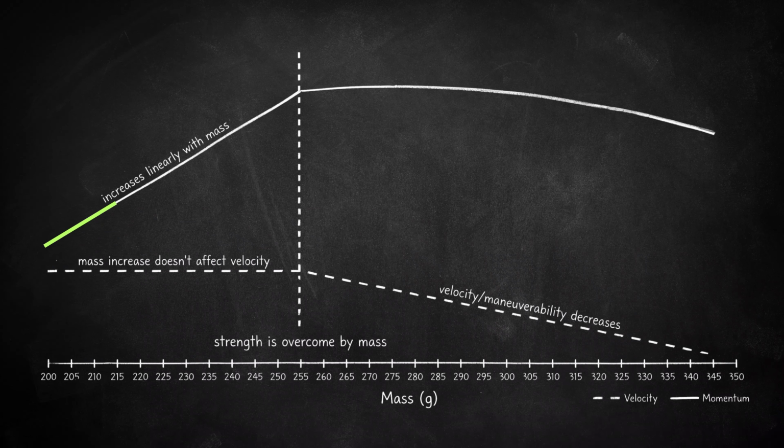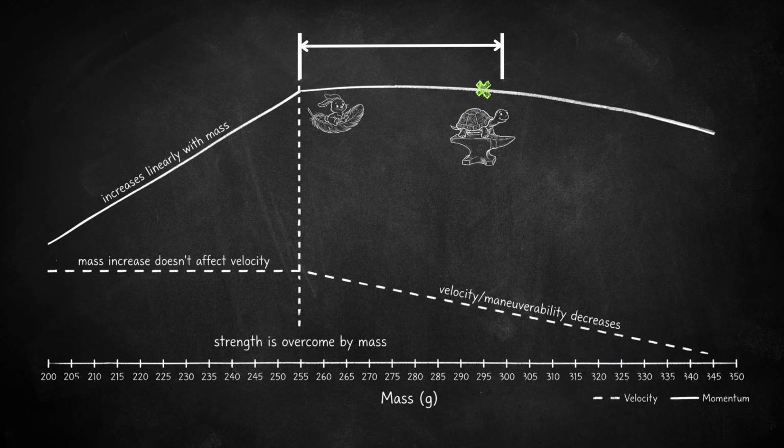We can see that momentum increases up to peak velocity, and that there's a weight range where the reduced velocity is offset by the increased mass, meaning that momentum still stays quite constant. Within this band is a space where you can add stability through mass, although you sacrifice speed and manoeuvrability, while maintaining the same momentum.